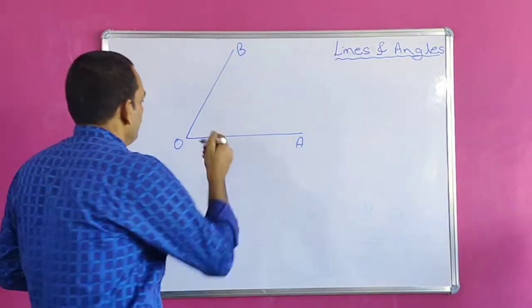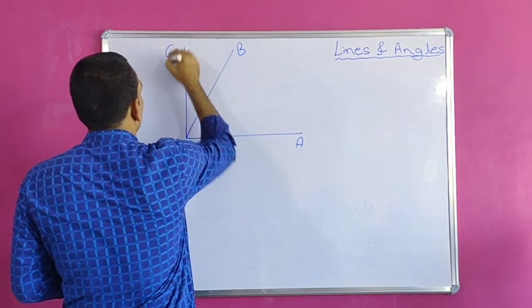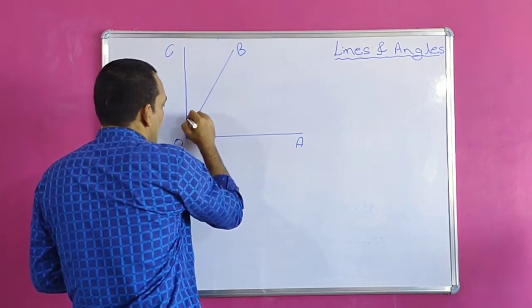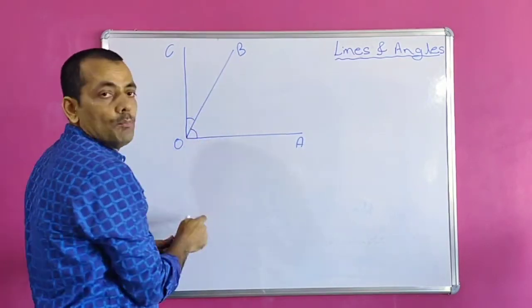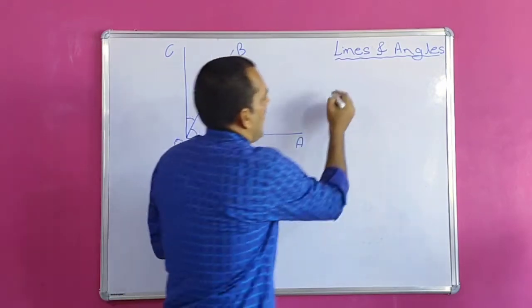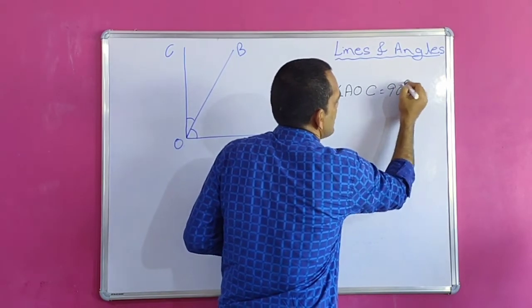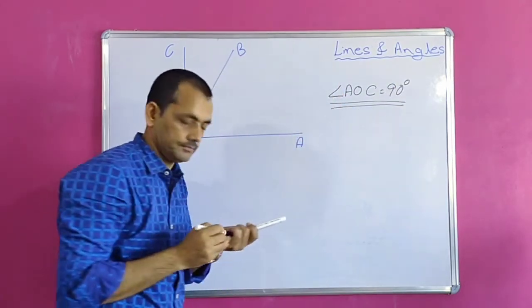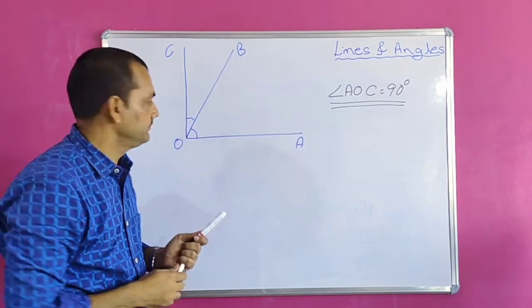What if we have two angles, AOB and BOC, and angle AOC is 90 degrees, meaning angle AOC is a right angle?